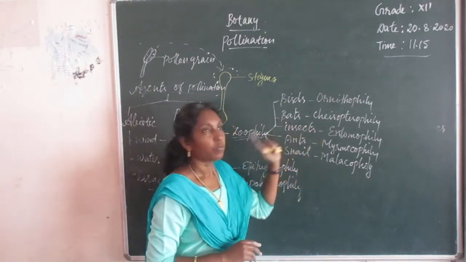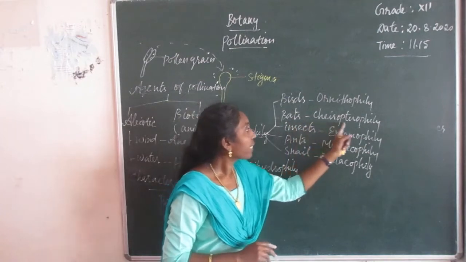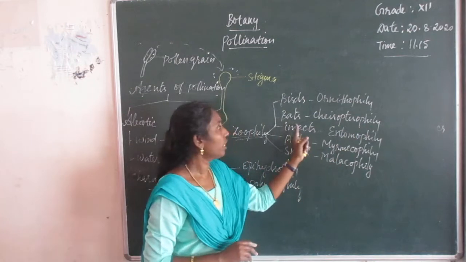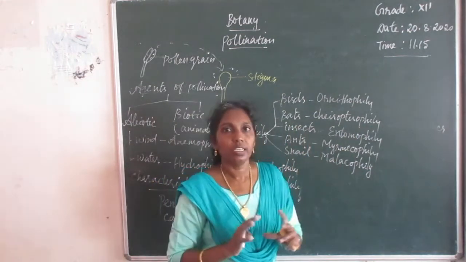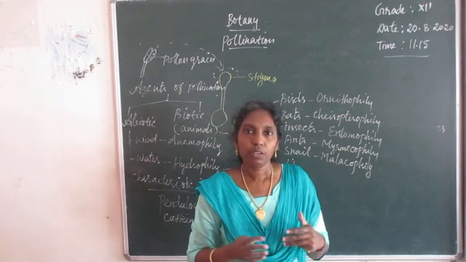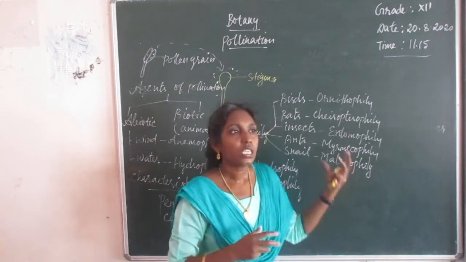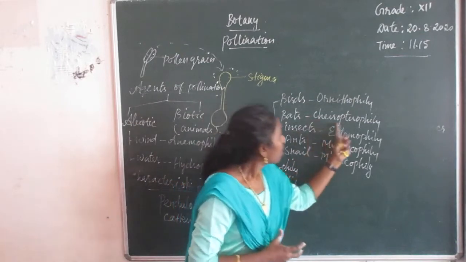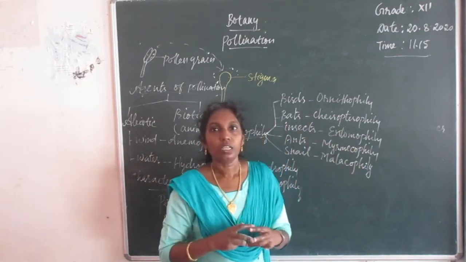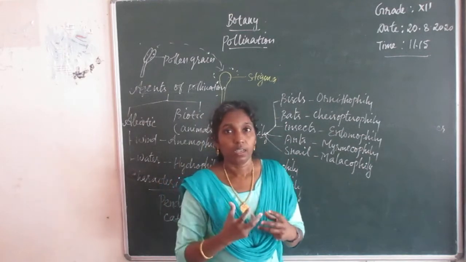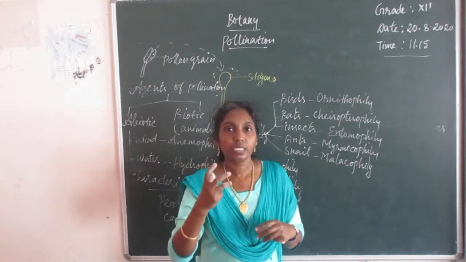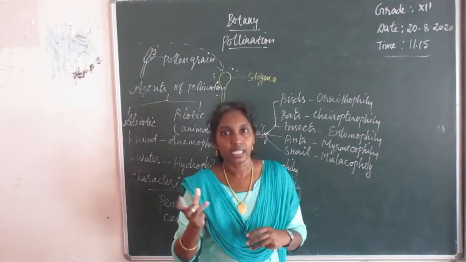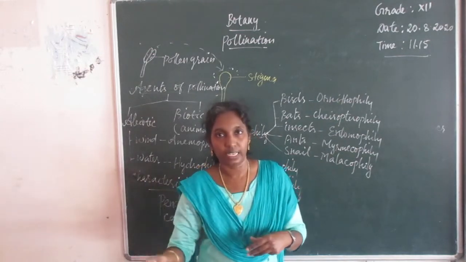The second type of pollination is chiropterophily, pollination by bats. You know that bats are nocturnal, active at night. So these flowers are adapted. The adaptations of chiropterophilous flowers: they produce scented flowers which open at dusk or after dusk.